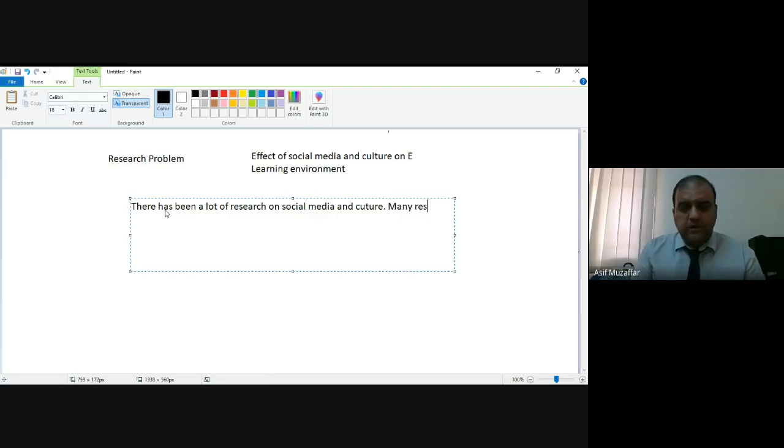Many researchers worked on e-learning environment as well. Many have worked on. So that means it's not a new topic. This is some investigation now. Investigation.